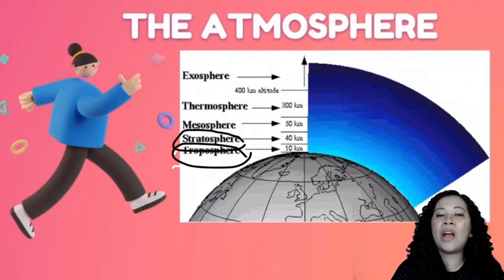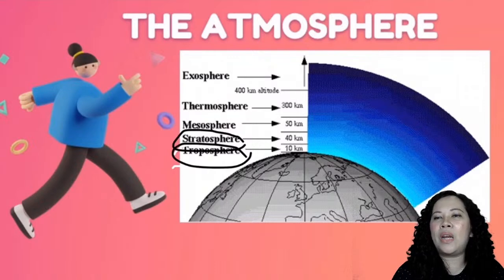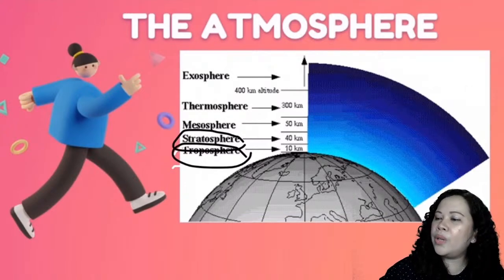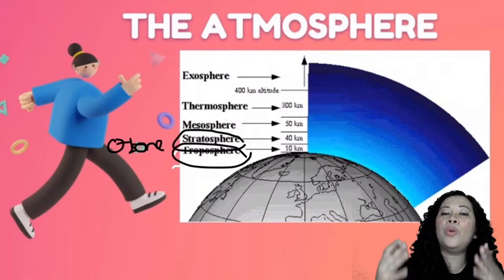The word strato means spread out. The air does not move a lot here, but it is a layer that is spread out. The stratosphere is where ozone is formed, your O3.